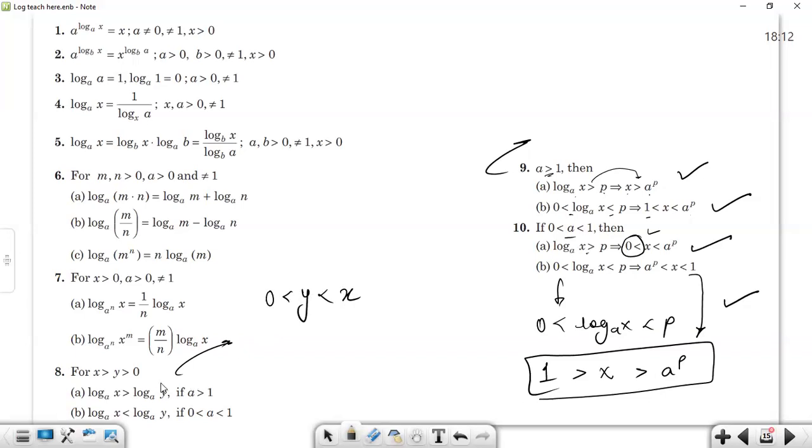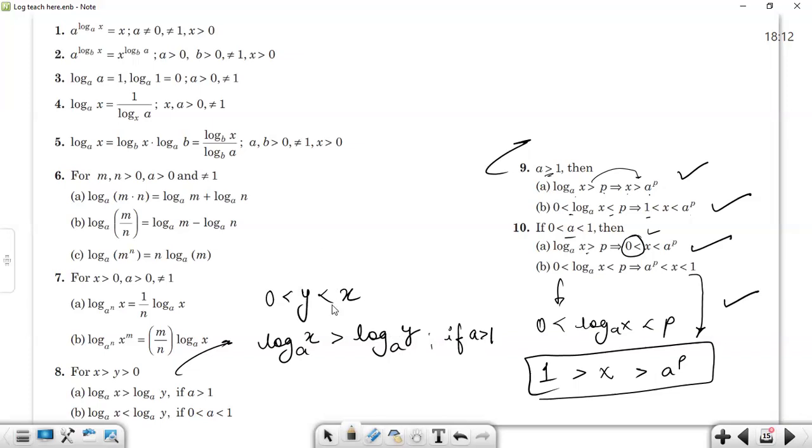So in the first condition, it is written that when logarithm of x to the base a is greater than logarithm of y to the base a, here logarithm of x is greater if a is greater than 1.